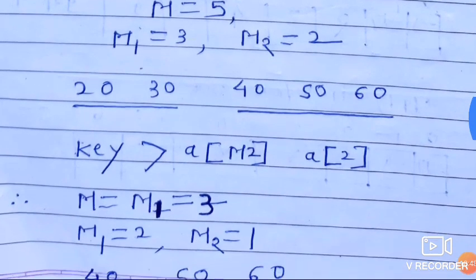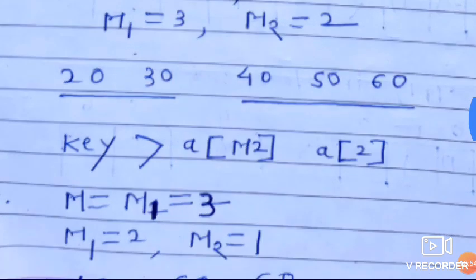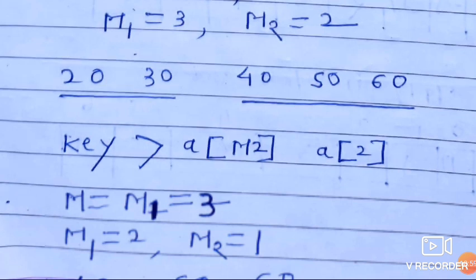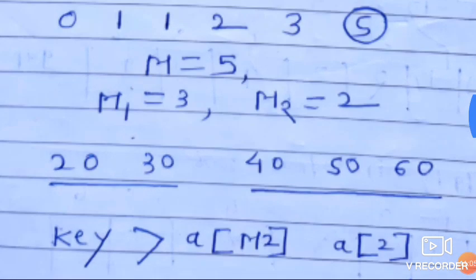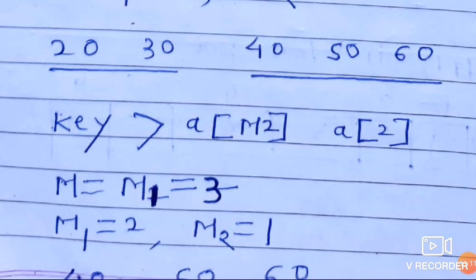I already told you, if key is greater than a of m2, we update m to be equal to m1. Previous m1 is 3, therefore m equals m1, which is 3. Now the new value of m is 3.